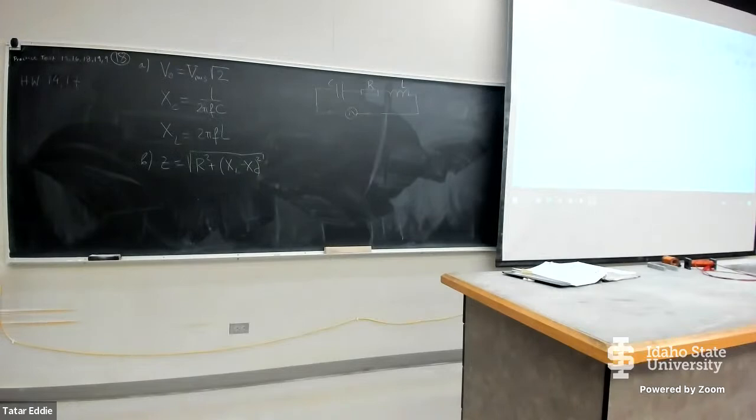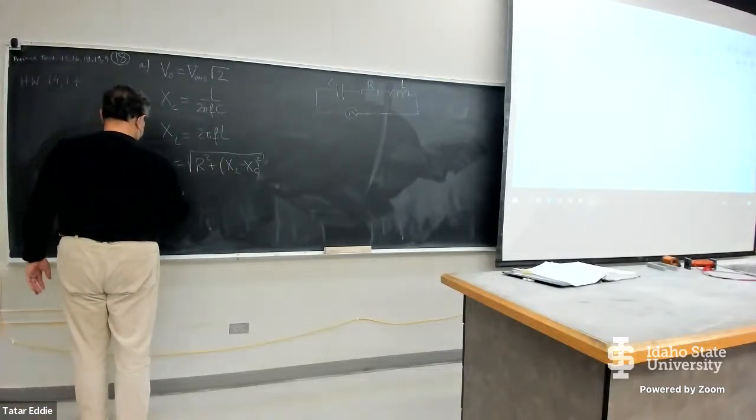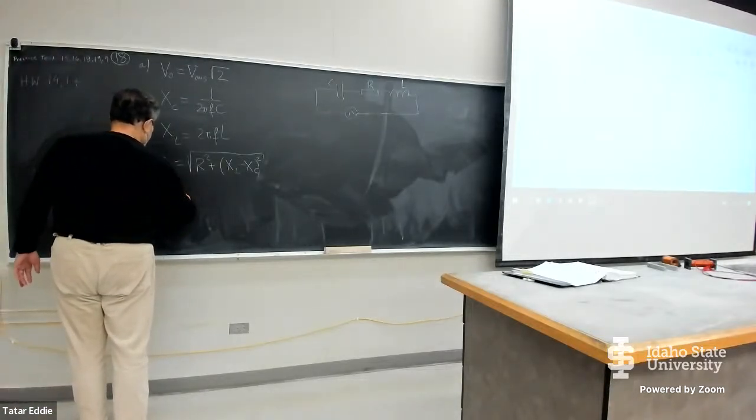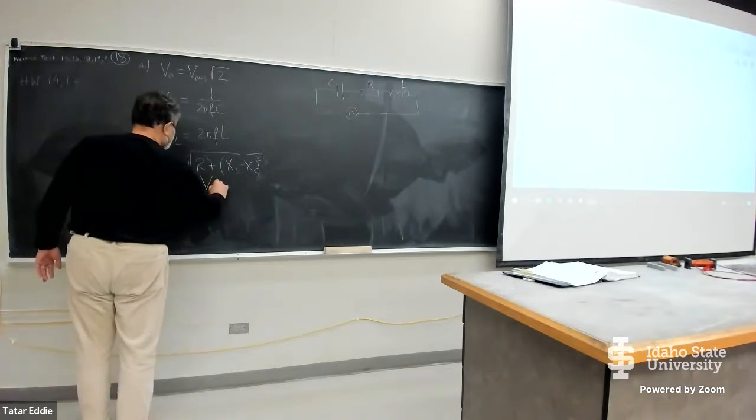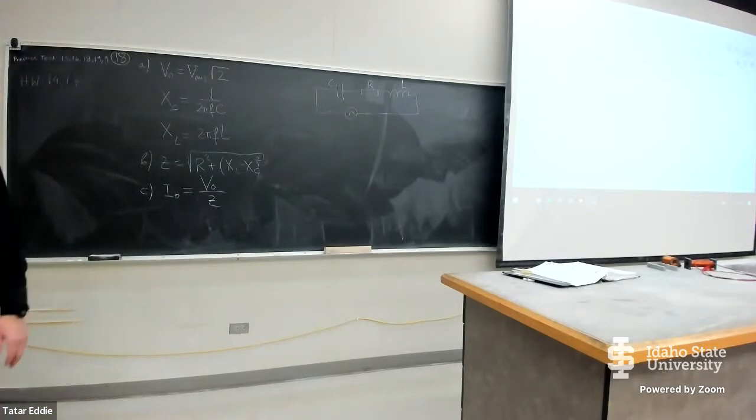Part C, what is the peak value of the current? Well, the current is the same everywhere. And the value of the peak current is going to be the peak voltage divided by the impedance. That's it.